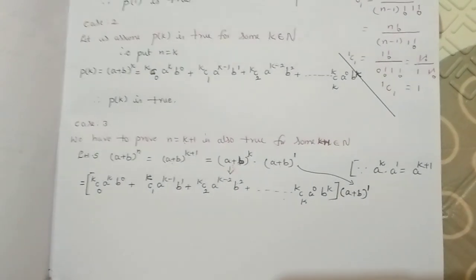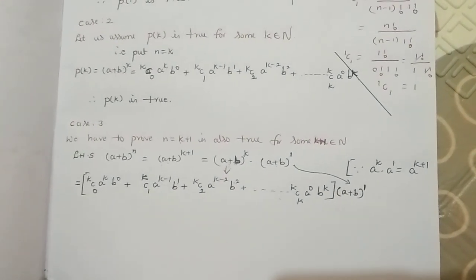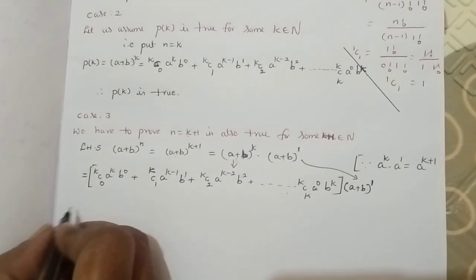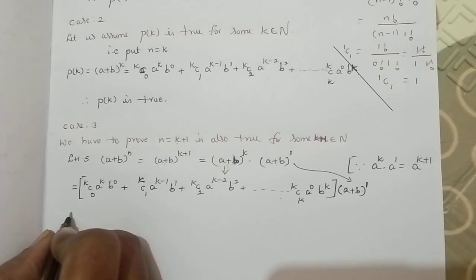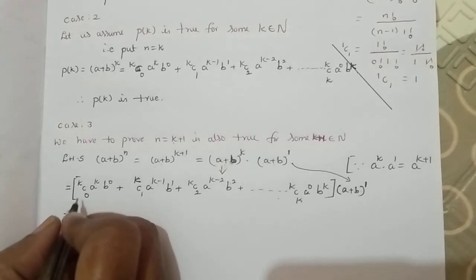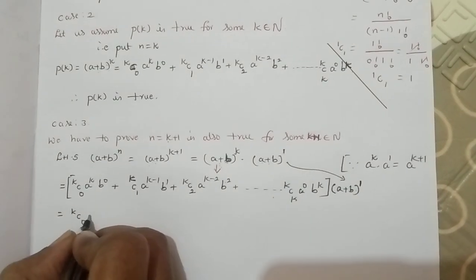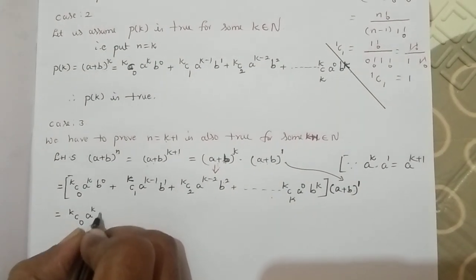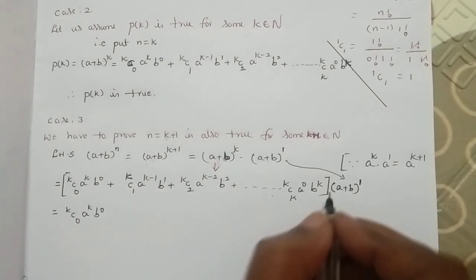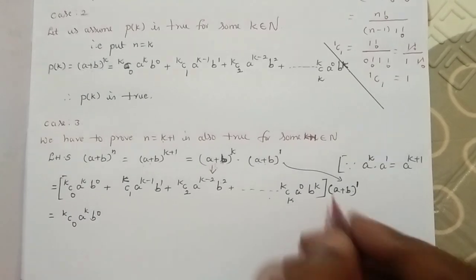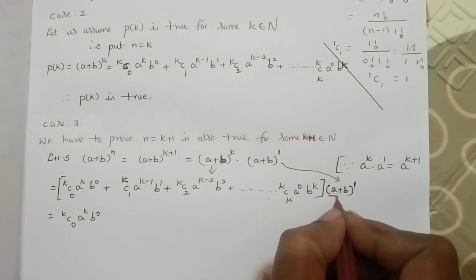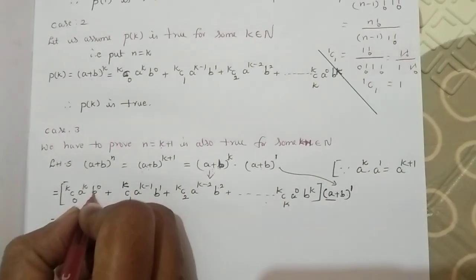That is why we have to do the multiplication. So how to multiply this? First, kC0 a^k b^0. Now start multiplication with the first variable. What is the first variable here? a. So into this a.